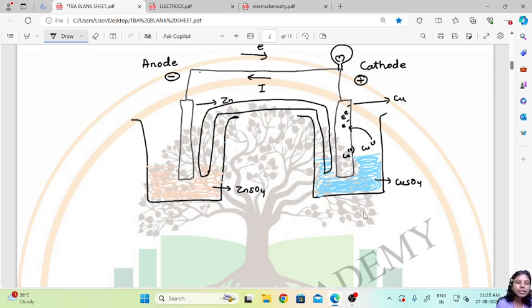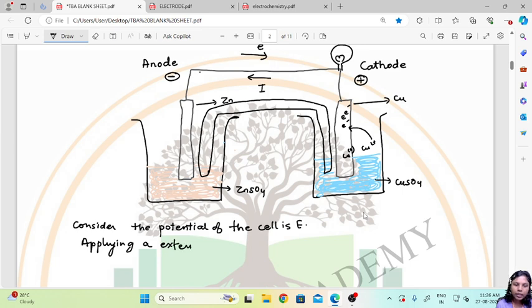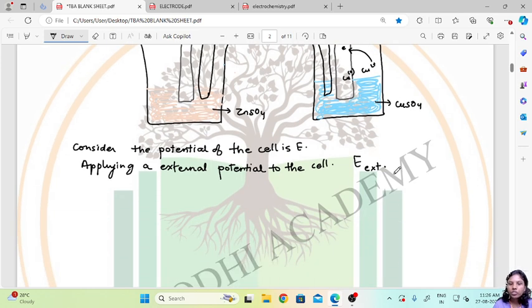Currently, consider that the potential of the cell is E. Now I am applying an external potential to the cell, and I call it E external, E subscript ext.